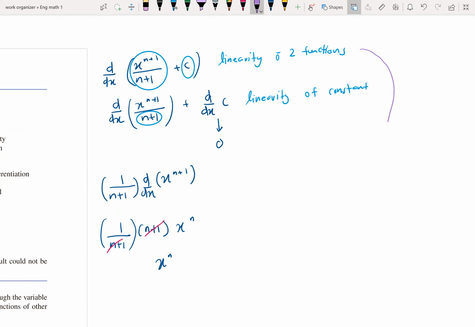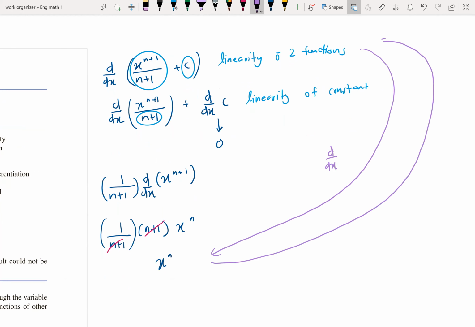So this is how we get xⁿ through differentiation, and from this we can get back to the original y through integration.